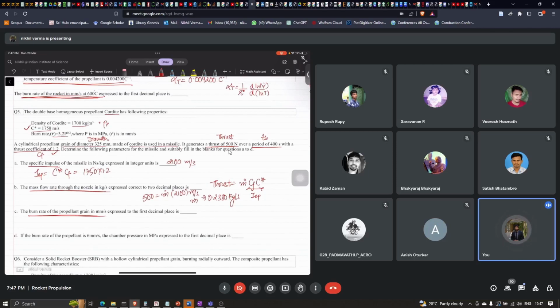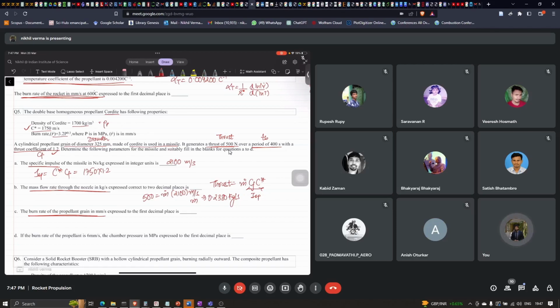Next is the burn rate of the propellant in mm per second. How will you calculate? This is slightly tricky, but not at all difficult. We have to find PC first from the C star definition, and then apply St. Roberts law, 3.3 into PC to the power 0.3.